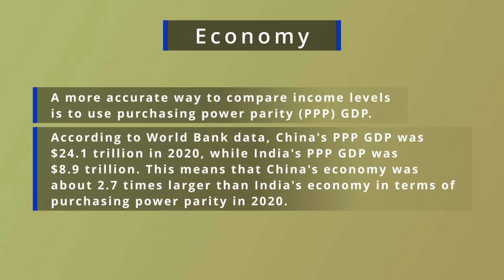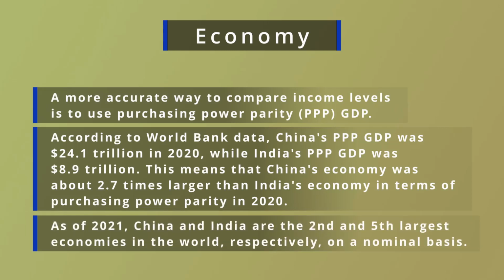Now, if we compare the GDP in nominal terms and GDP in purchasing power parity terms, then the GDP in nominal terms of China is 5 times higher than that of India, whereas the GDP in PPP terms is 2.7 times higher than that of India. That means the cost of living in China is much higher compared to India, which is reflected in the high nominal GDP compared to the PPP GDP.